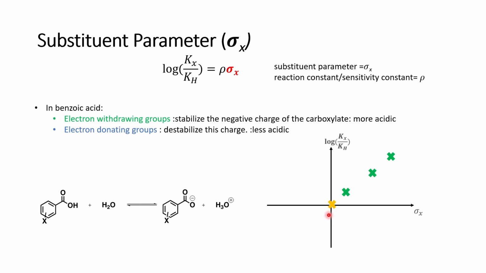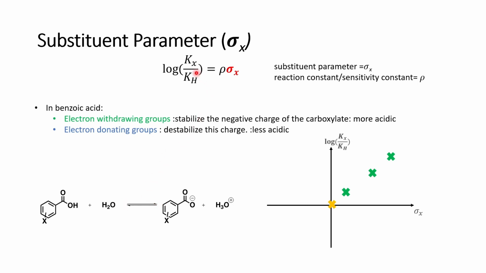And if we compare the electron donating substituent, if we have an electron donating group in meta or para position, it donates electrons towards this functional group, and because of electron donation, it destabilizes the formed carboxylate. And because of that, if we have an electron donating group, it doesn't like to go towards the forward reaction, and because of that we should experience a slower forward reaction, which is the formation of carboxylate.